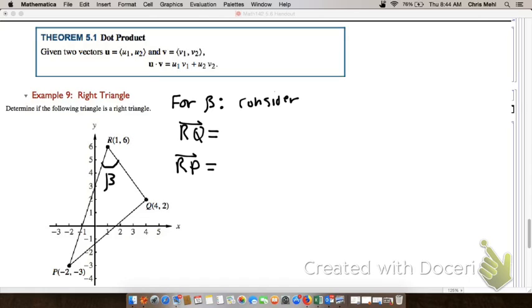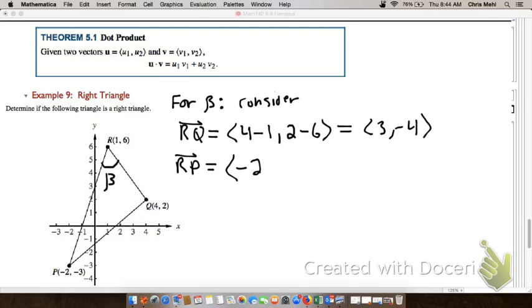So I'll write them on top of each other. Now, remember, if you have a vector going from one point to another, the x component would be, in this case, the x coordinate of Q minus the x coordinate of R, and the y component would be the y coordinate of Q minus the y coordinate of R, and the vector RQ then would be the vector 3 comma minus 4, and then the vector RP, the x component is going to be the x coordinate of P minus the x coordinate of R, and then we're going to take the y coordinate of P minus the y coordinate of R, and this vector would have components -3, -9.